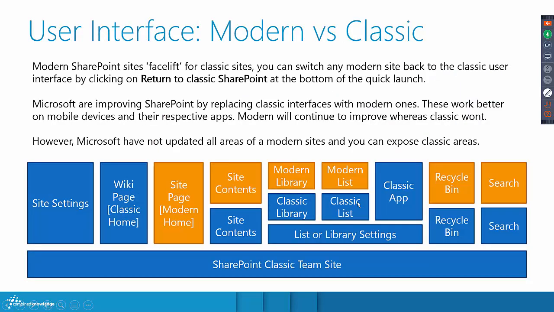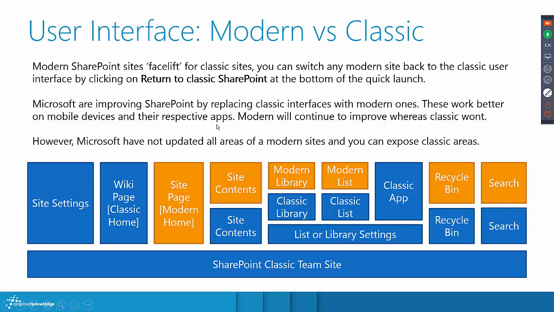The interesting thing is, it's not true to say that a SharePoint site is not classic. In fact, it is classic underlying. Every team site that's created in SharePoint Online in Office 365 is effectively rooted in its classic look and feel. What you'll notice on this particular diagram is that certain interfaces like site contents, recycle bins, search, and modern lists and libraries actually have a parallel classic interface that's been evolved into a modern look and feel.